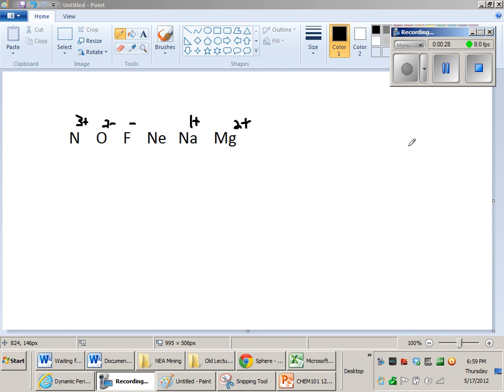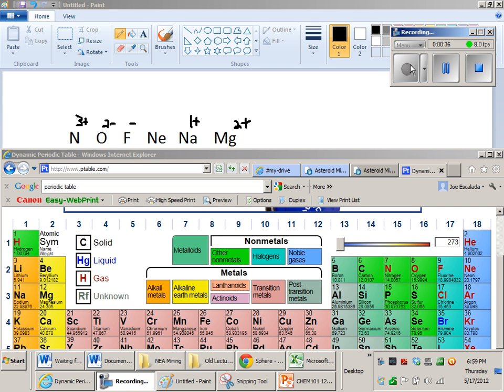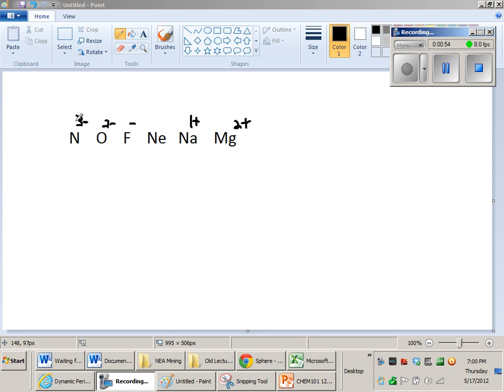So the first thing I would do is figure out how many protons and how many electrons these all have. In the periodic table, you can see that nitrogen starts with 7 protons and 7 electrons. So nitrogen 3 minus, sorry, I said 3 plus earlier, forgive me on that one.